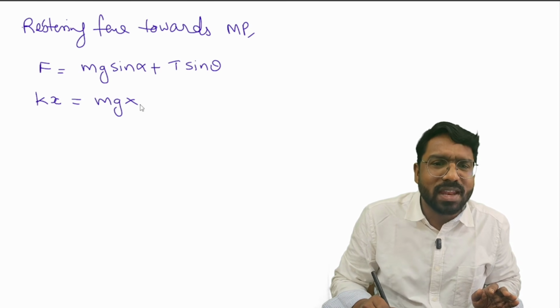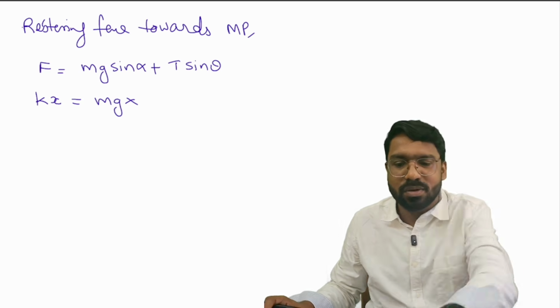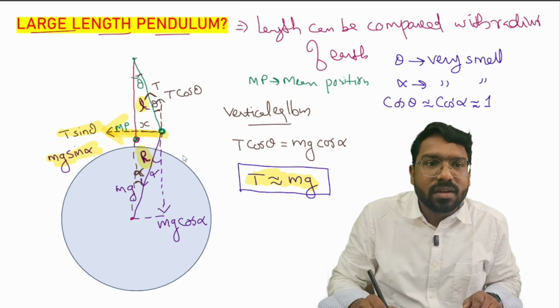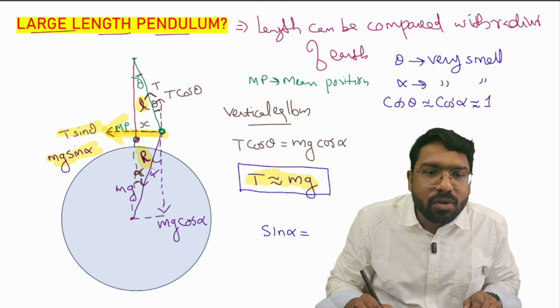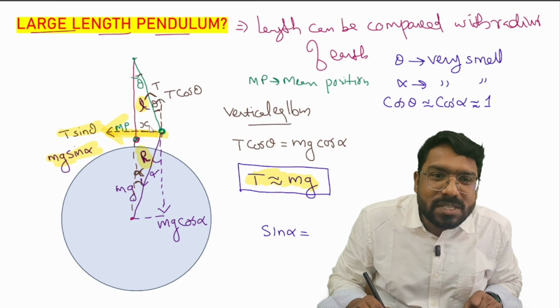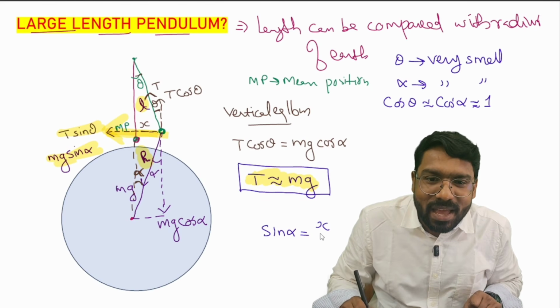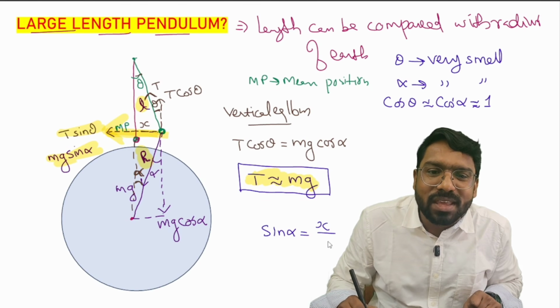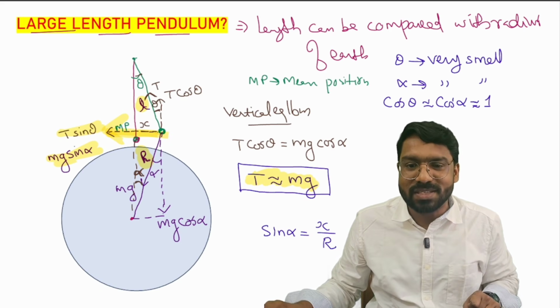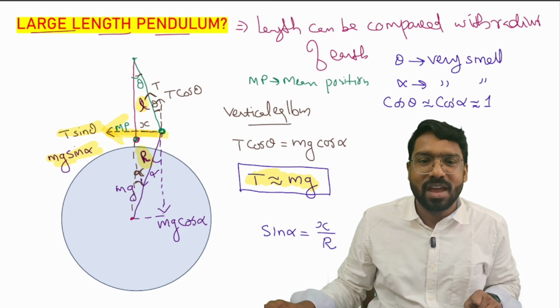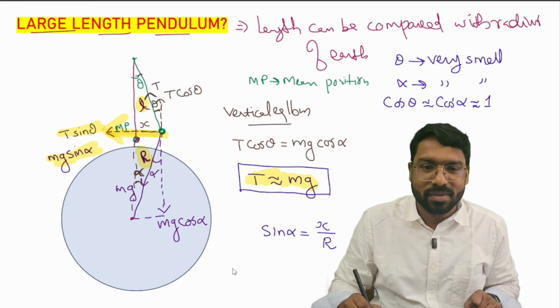What is sin alpha? Here, look, the side opposite alpha is x and the hypotenuse is approximately the radius. So sin alpha is x by r. And what about sin theta?